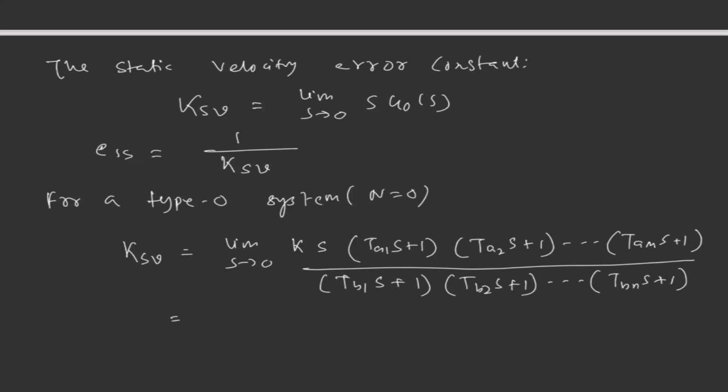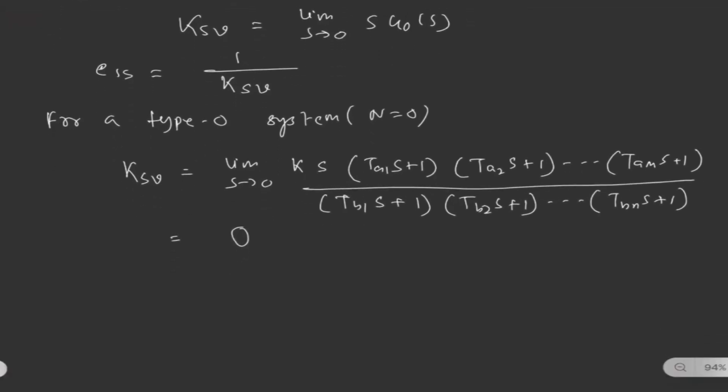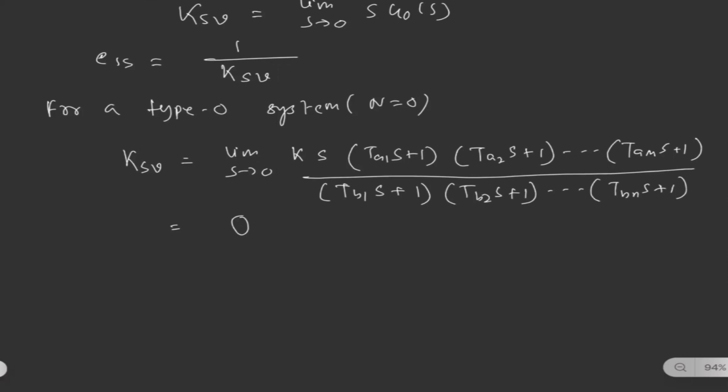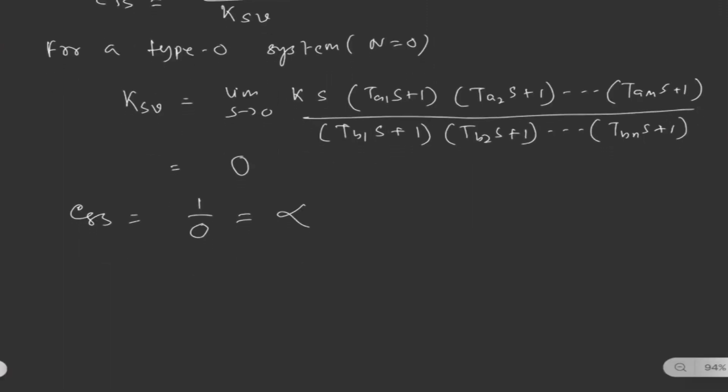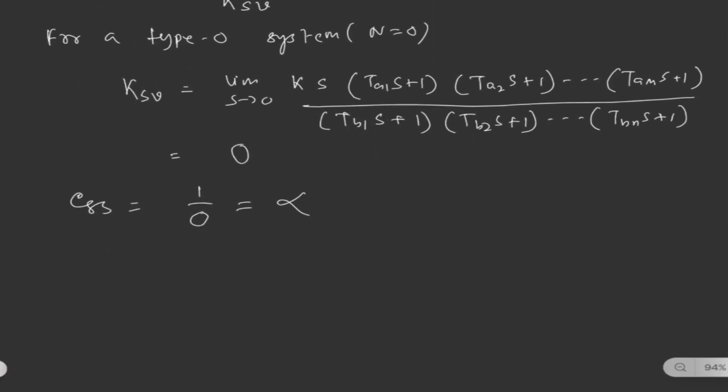If you put s equal to 0, this expression goes to 0. So what is the takeaway? Here your ESS is 1 upon 0 and it is infinite. So if the system is type 0 system, and you are applying a ramp input, there will be infinite error in the steady state. So we can't apply it.